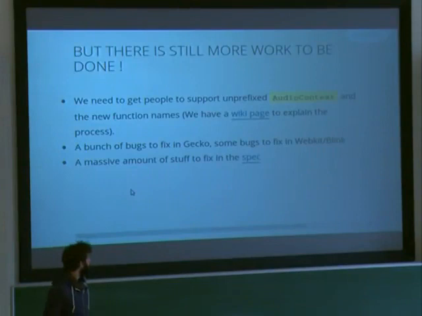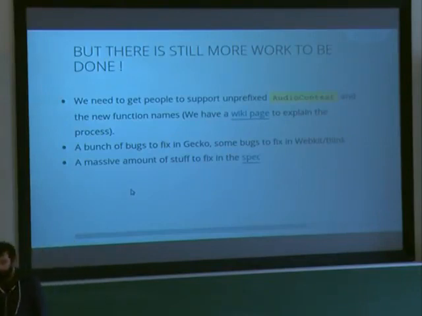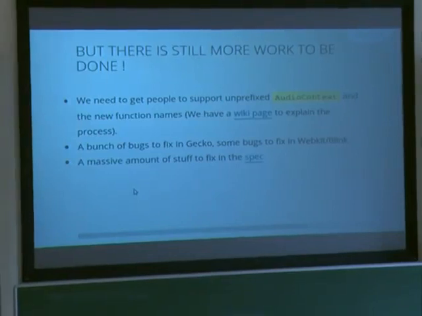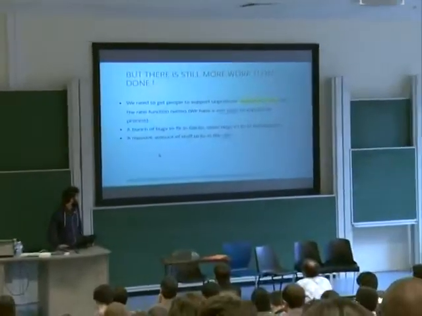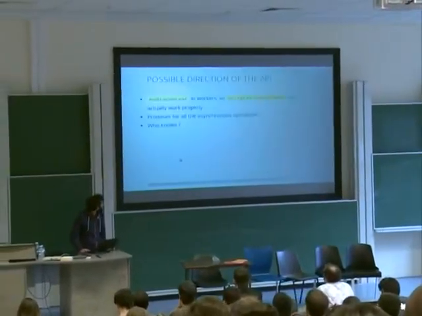Last I checked. Some bugs to fix in WebKit, Blink, because we changed the spec. And yeah, a massive amount of stuff to fix in the spec because it is far from done. We would like very much to have a decent spec so people can actually make other implementations and don't go into trouble. I had to read a lot of Blink's code and it was not great.